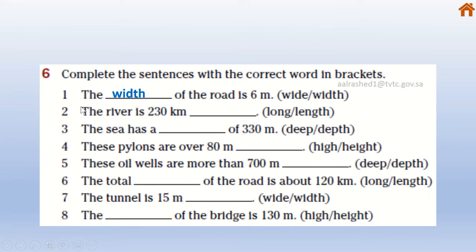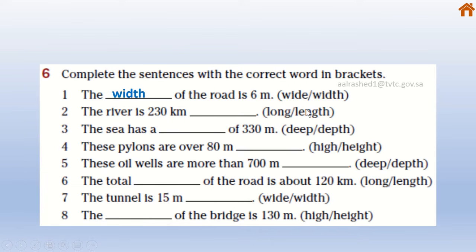Okay, let's see number 2. Here, the noun of the thing we are going to talk about is at the beginning. After that, verb, number, measurement unit. What do you need, since the noun is already given at the beginning? So we have long or length.